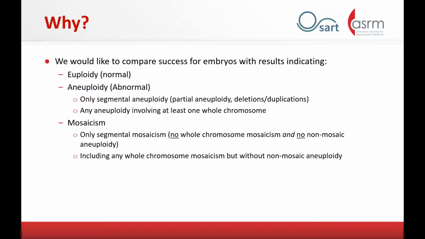These aneuploid embryos may also have mosaicism, but if there is anything that is not mosaic, it's considered aneuploid. And then finally, we want to be able to look at how things go when there is only mosaicism, when there is only segmental mosaicism or only whole chromosome mosaicism, but there's no non-mosaic aneuploidy reported.